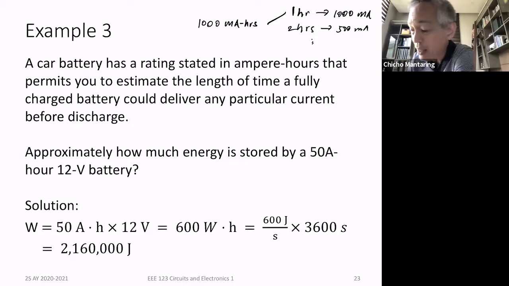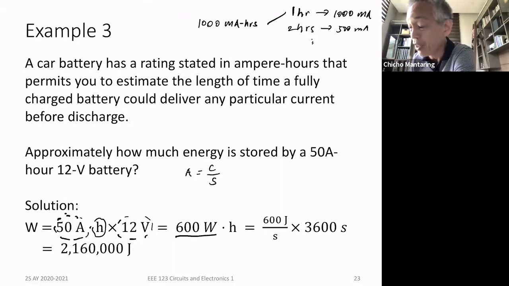Well, remember that amperes is coulombs per second. Amperes times volts is equal to watts. So 50 amperes times 12 volts, where 12 volts is the voltage of the battery, is equal to 600 watts multiplied by H, because it's 50 ampere hours.